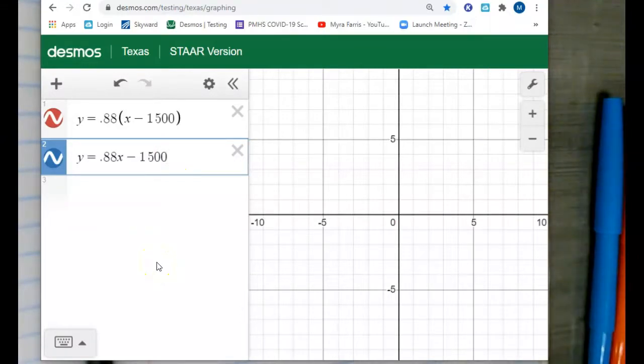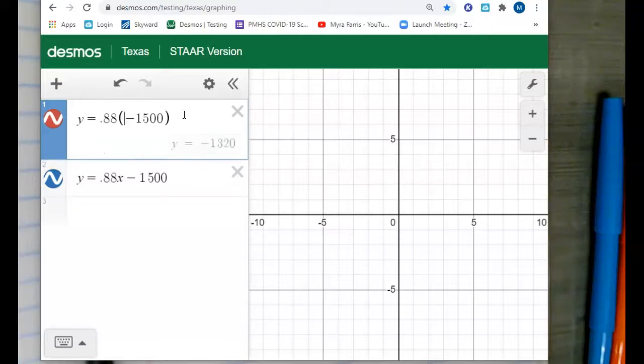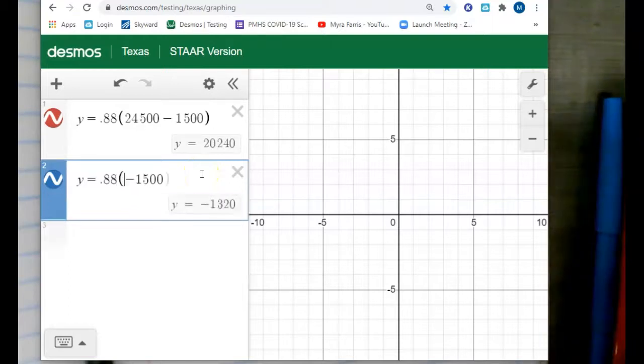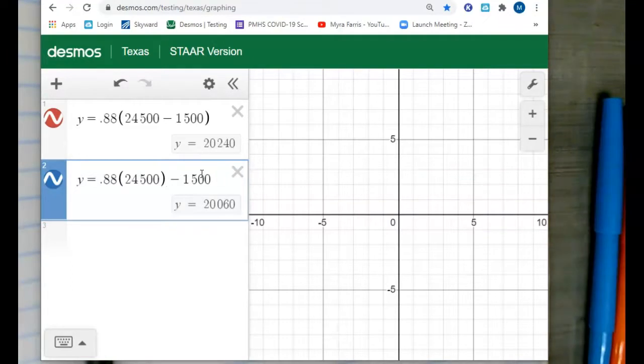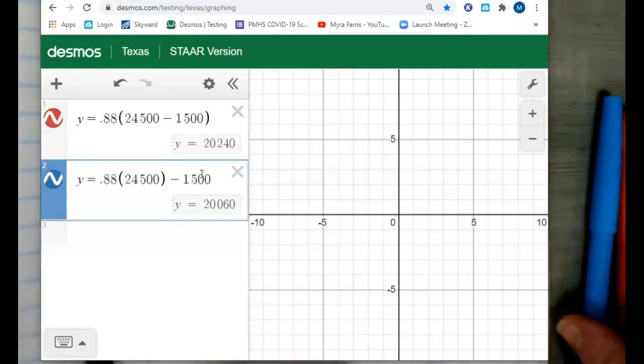Okay, so now I want to figure it out for the price of the actual car that I was going to purchase. Anybody want to guess which one's going to come out better? 24,500. Did I type it correctly? Does it make a difference? Not a whole lot, but it did make a little bit of difference.